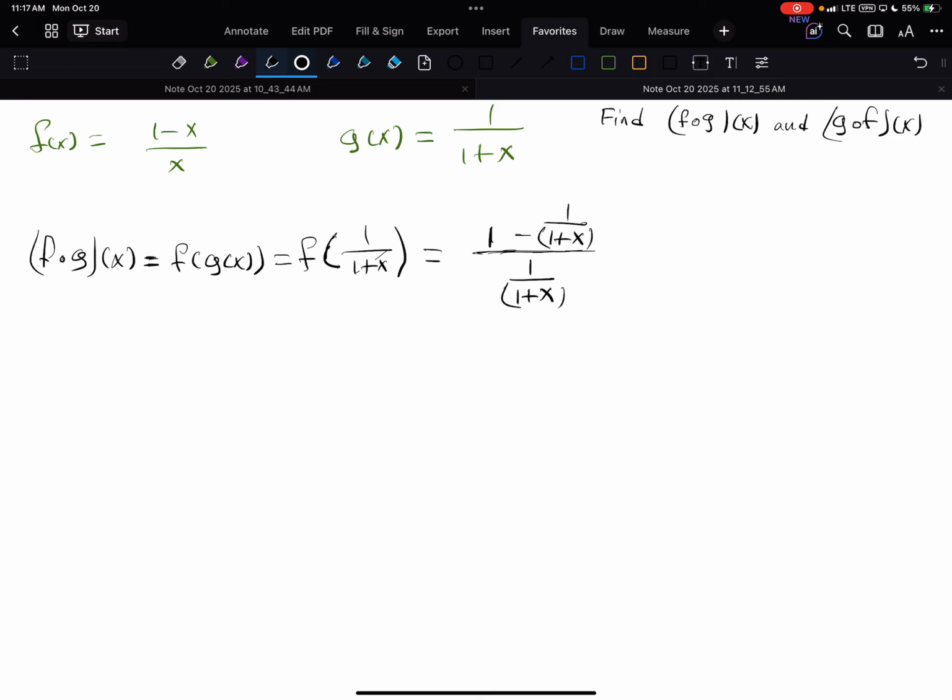And if I take that and multiply by 1 plus x over 1 plus x, that whole thing equals 1, and 1 times anything is the multiplicative identity.